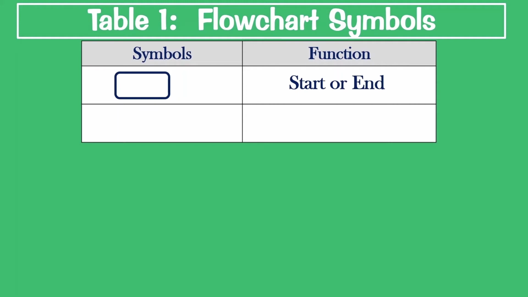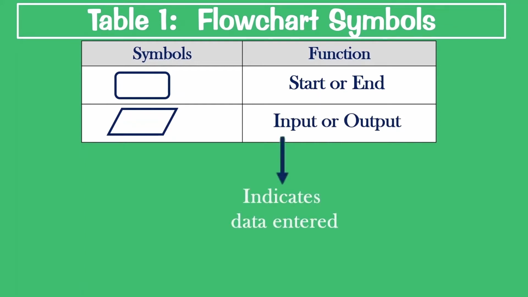Number 2, the input or output. This symbol can be used for both input and output. Input indicates data entered into the flowchart. Output indicates the results of the processing out of the flowchart.